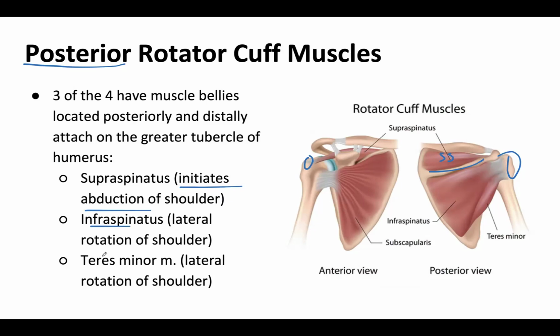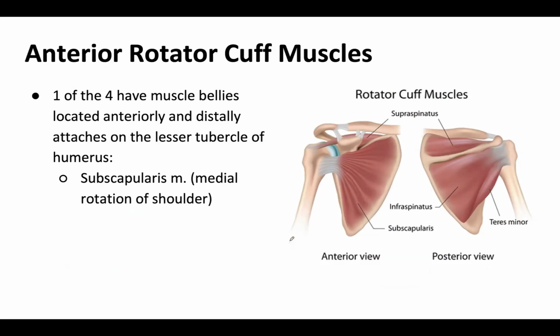Both the infraspinatus and the teres minor are going to be the primary lateral rotators of the shoulder. The infraspinatus is located below the scapular spine, and it's the larger one. And then we have that teres minor that is going to be just inferior to it.